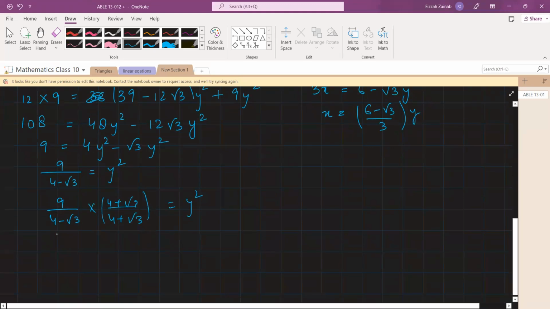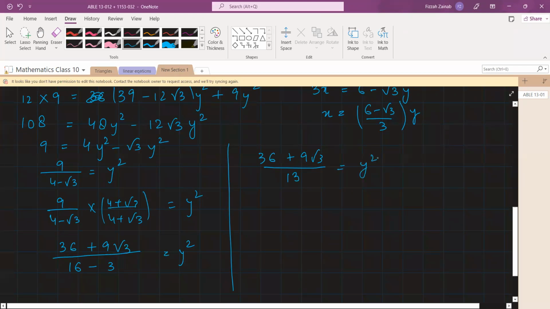So it will be 4 into 9, 36, plus 9 root 3, over 4 square, which is 16, minus 3, right, is equal to y square. So it is 36 plus 9 under root 3 divided by 16 minus 3, which is 13, is equal to y square.